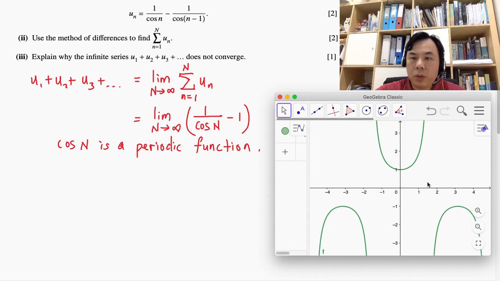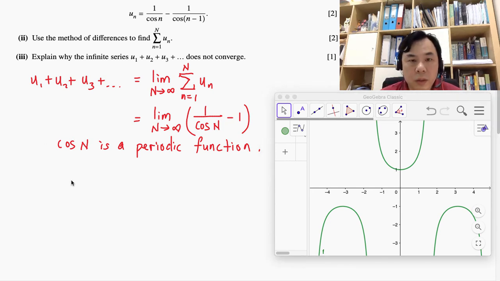So it's always fluctuating between anything more than 1 and anything less than -1. Because the value is always fluctuating here, the summation series will not converge to a specific value. So that is the main reason.